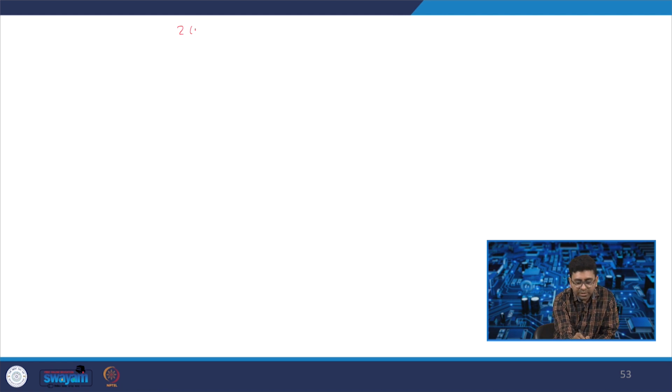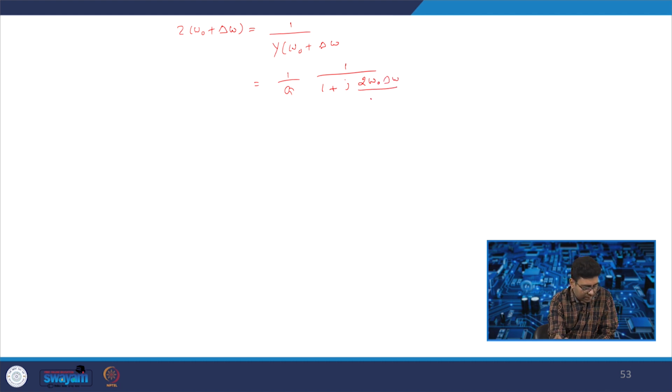So, Z of omega naught plus delta omega is equal to 1 by G, 1 by 1 plus j 2 omega naught delta omega by omega naught plus delta omega into RC.